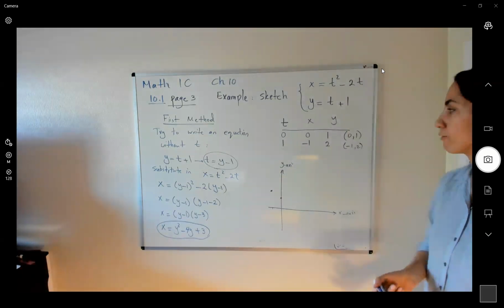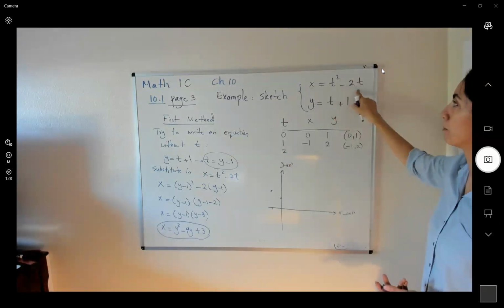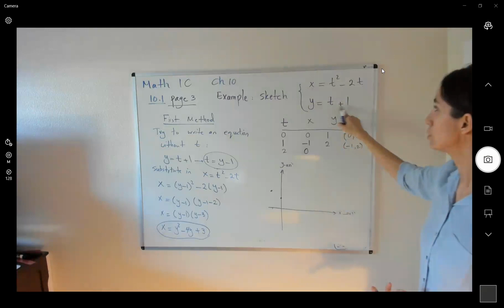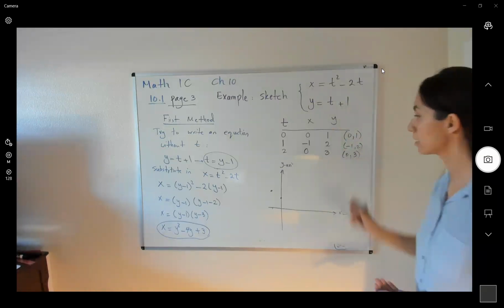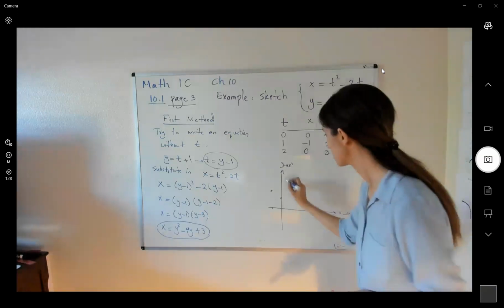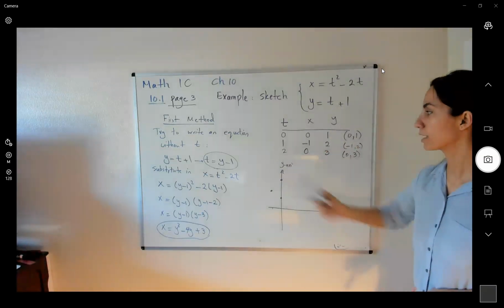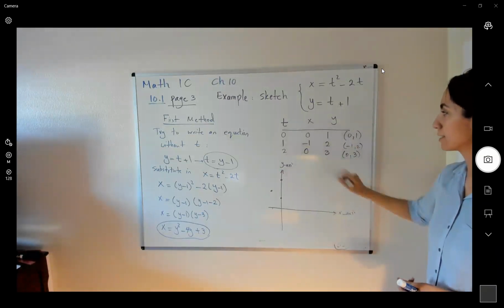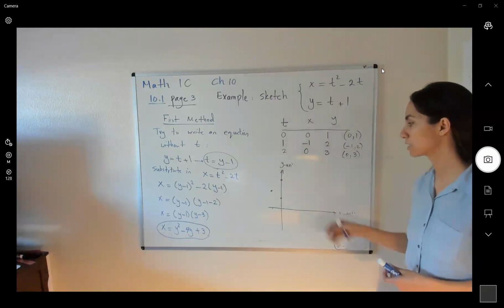Let us plug in, for example, 2. 2 squared minus 4 is 0. 2 plus 1 is 3. 0 and 3. You can continue plugging different numbers for your t and calculate the position of your particle in the xy plane.